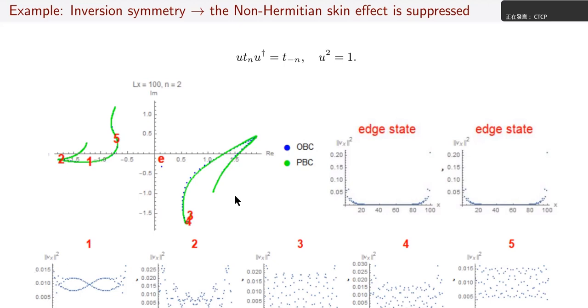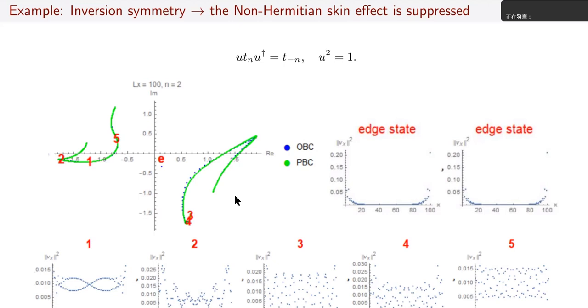That's an important point. Can you make the statement again? So there's no one-to-one correspondence between the topological number defined in periodic boundary condition and the edge state phenomena in open boundary condition in non-Hermitian systems.